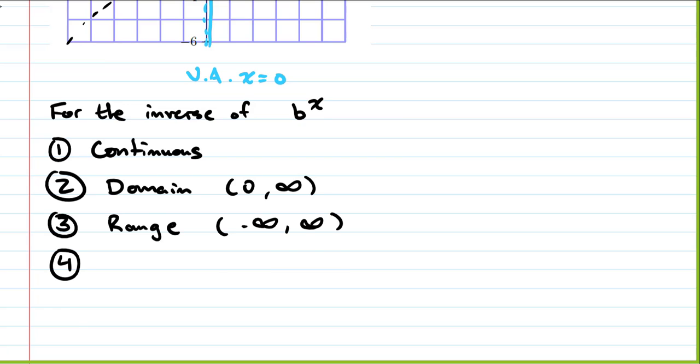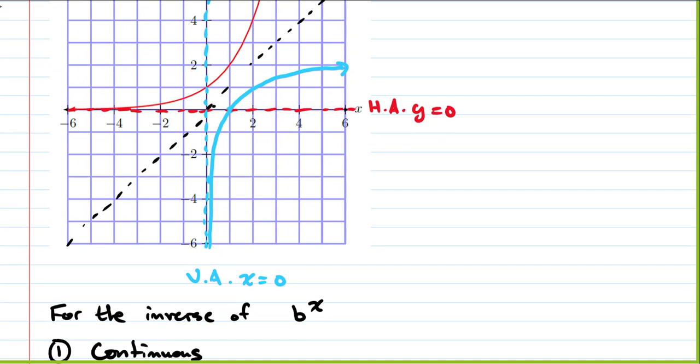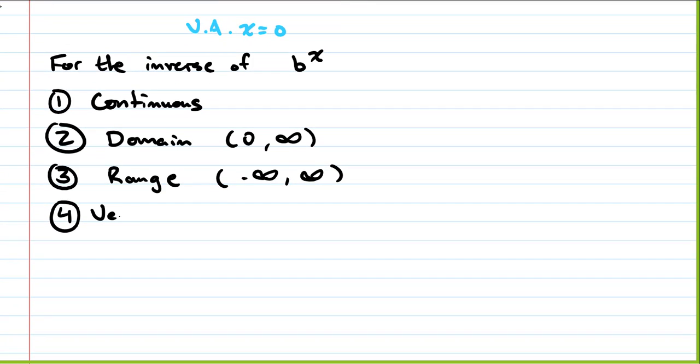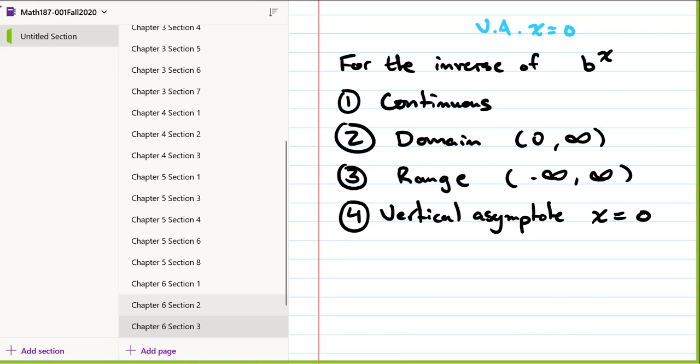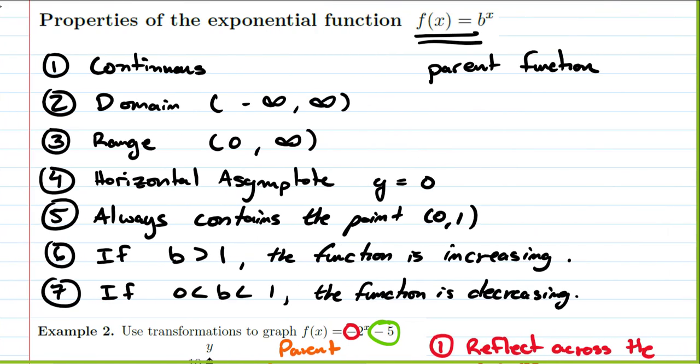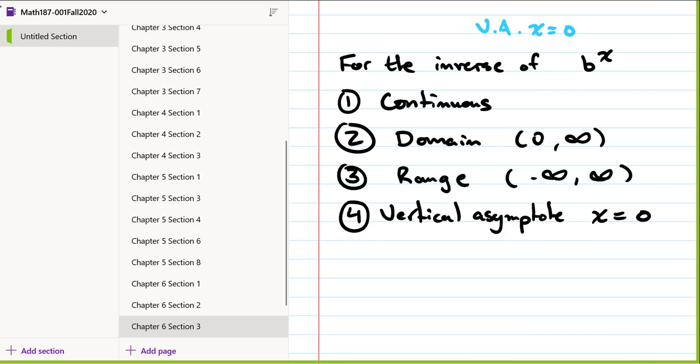As we saw above, if we reflect a horizontal asymptote across the line y equals x, or interchange x and y, we get a vertical asymptote, and we get x is equal to 0. So let's see what else we had. It always contained the point 0, 1, and then we had some stuff on increasing and decreasing.